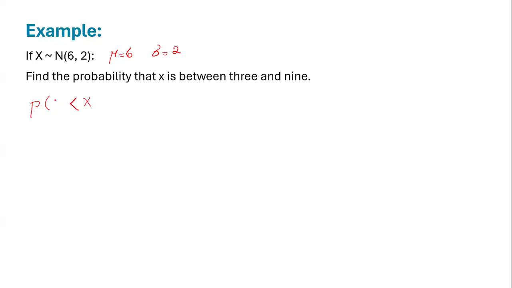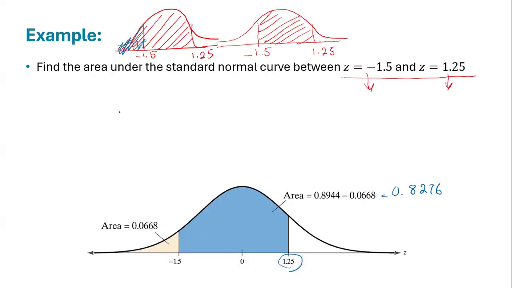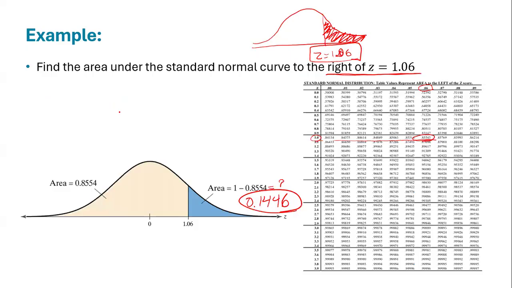I'm only able to find the probability when I have z-scores, because the z-table gives me the probability, but I need the z-score to use that table.